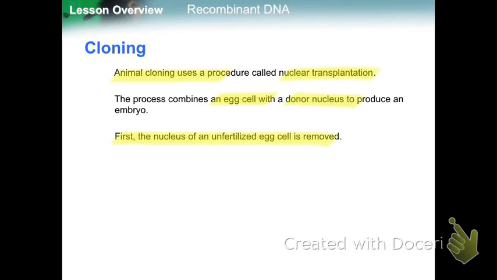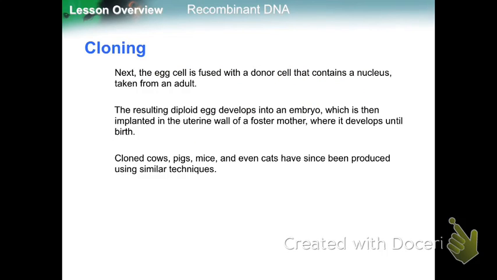So like I said, first the nucleus of an unfertilized egg cell is removed. Then it's fused with a donor cell that contains a nucleus, an adult nucleus. That diploid egg develops into an embryo, which is implanted in the uterine wall of a foster mother. Since then, scientists have cloned cows, pigs, mice, and cats using similar techniques.